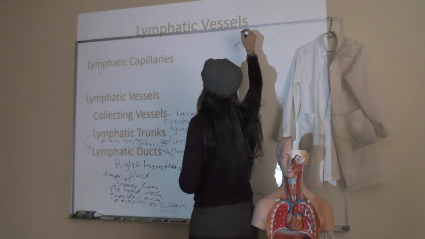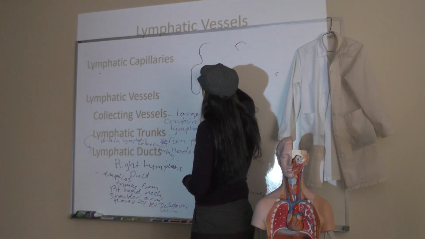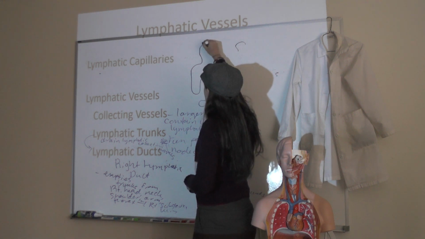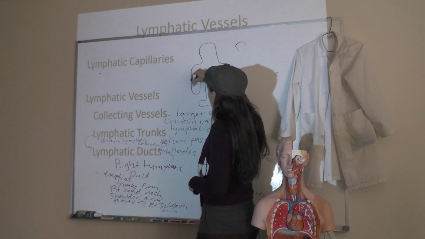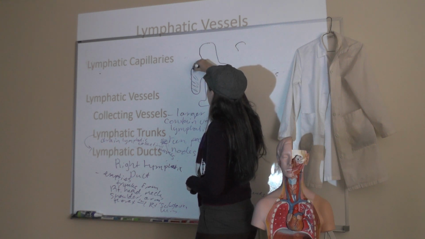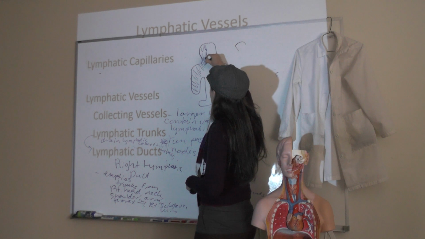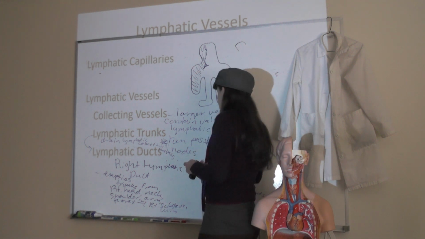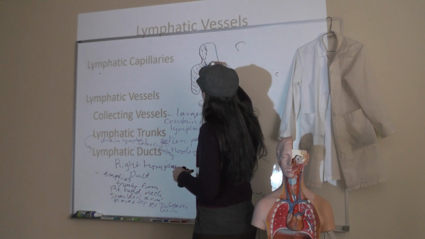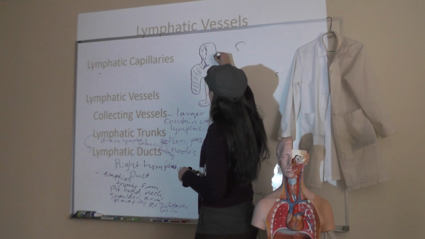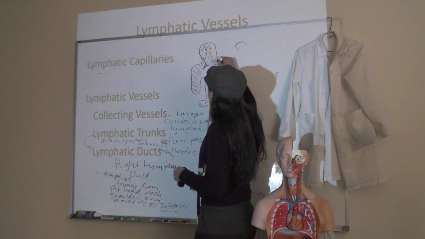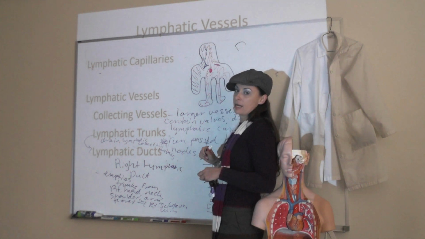So here can be my little figure here. Oh wow, really disproportionate. So the right lymphatic duct is going to drain all of this into the right subclavian vein, and the thoracic duct is going to drain all of the rest of this and those lipids from the lacteals into the cisterna chyli, all right, into your left subclavian vein.